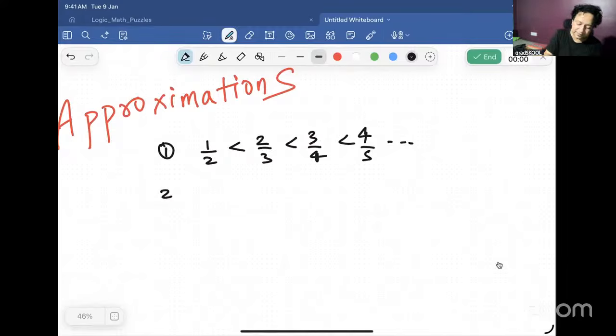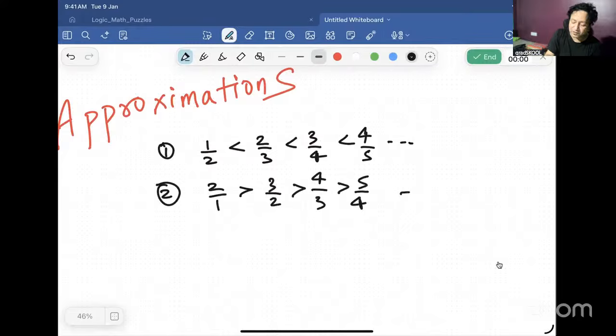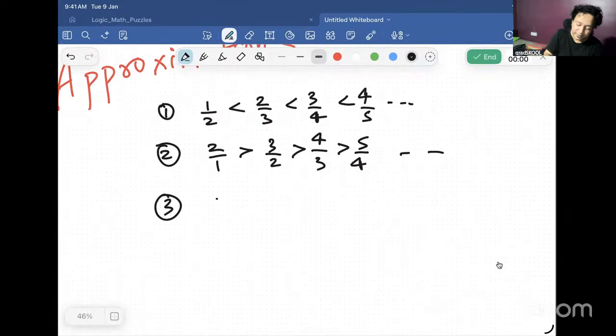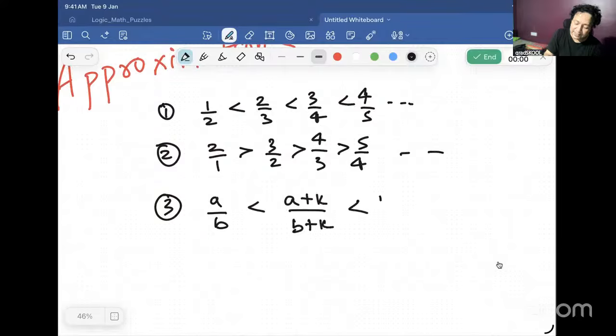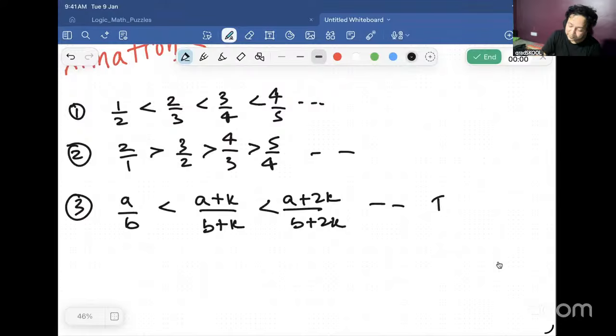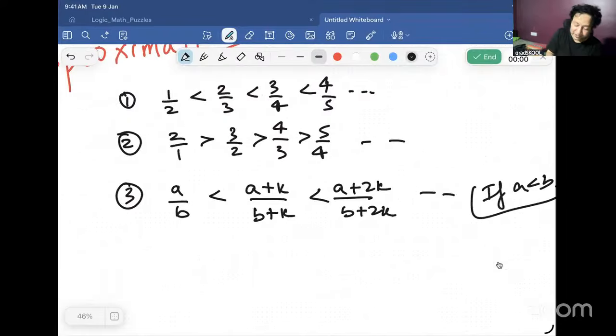At the very same time, if I reverse it, 2 by 1 will always be greater than 3 by 2, greater than 4 by 3, greater than 5 by 4, and so on. In a way, I can write A by B will be less than A plus K upon B plus K, will be less than A plus 2K upon B plus 2K, and so on, if A is less than B. मतलब ये एक proper fraction है.